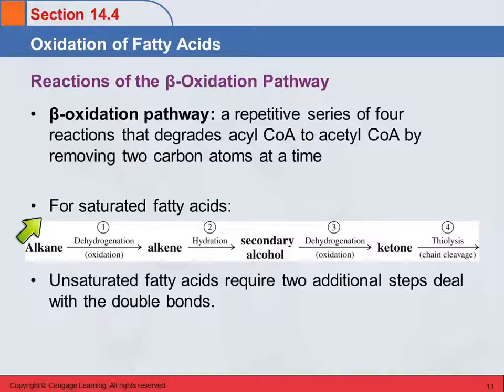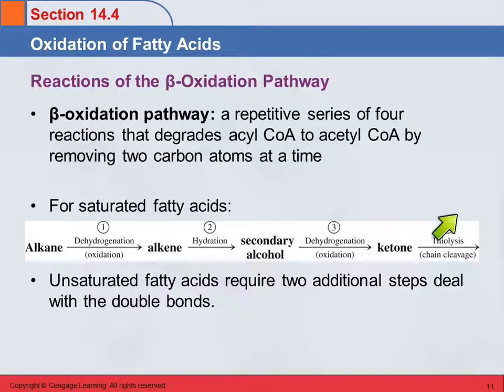And so this is the process for saturated fatty acids. Remember, saturated fatty acids only have single bonds. They don't have any double bonds. So the fatty acid is originally an alkane attached to the CoA. And so there's dehydrogenation to form an alkene. It's hydrated to form a secondary alcohol. It's dehydrogenated to form a ketone.